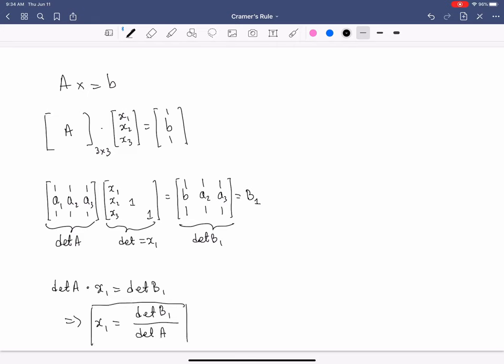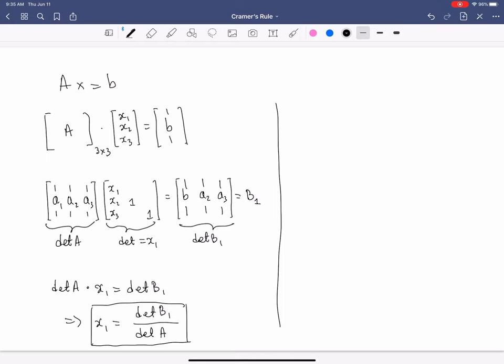Now, as you might imagine, the same trick works for us to find x2. I'll only show you for x2, and then you will be convinced you don't have to see it for x3 as well. So let's write that matrix system one more time, but now the vector x will go into the second column.